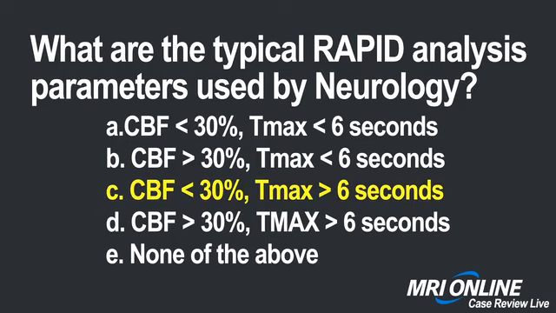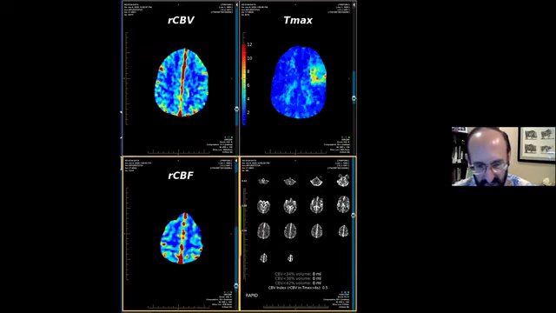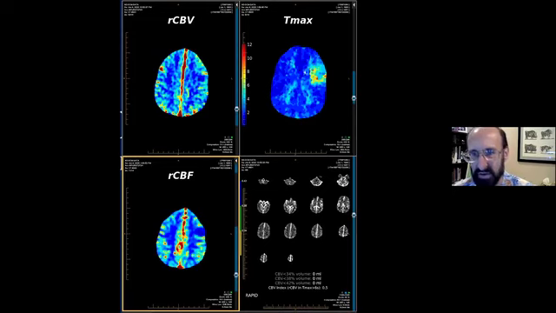So let's look at this case. So here we have the area of infarction seen on the CBF. And when we compare that to the Tmax 6-second evaluation, I would say that there is a larger area of abnormality on the Tmax 6-second than there is at the CBF less than 30%. And therefore, there is tissue at risk.